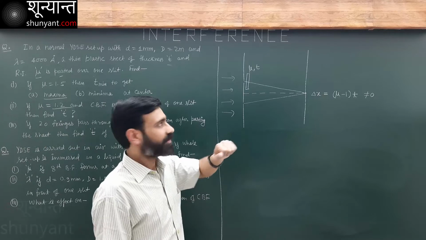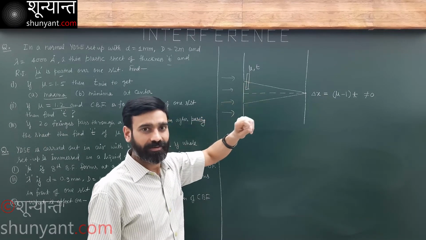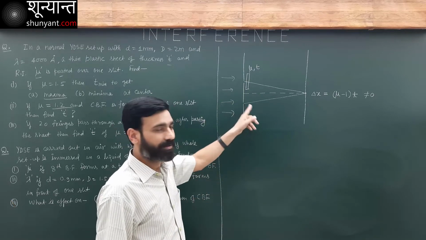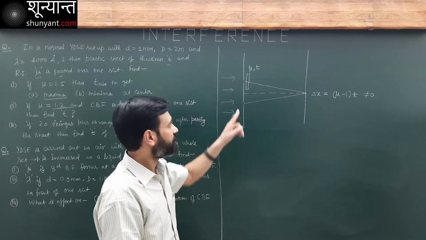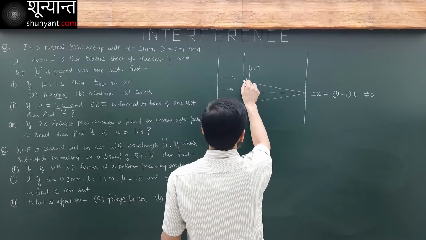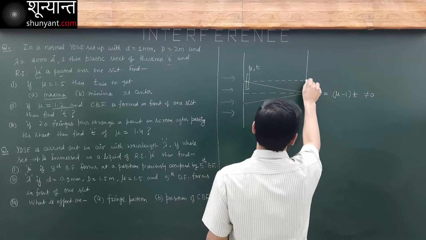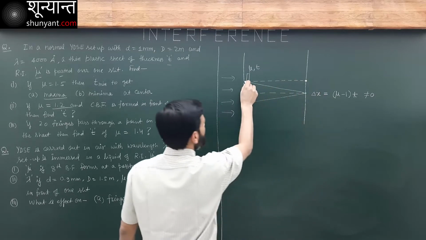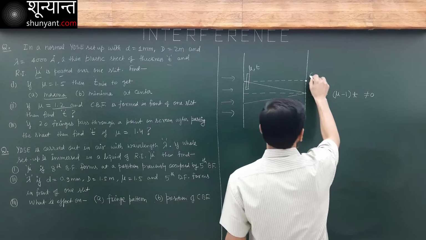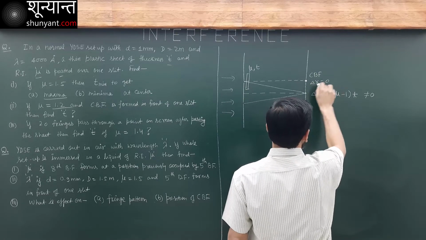If I paste a sheet here on the upper slit, then the whole thing is going to shift up. If I paste it here, the whole thing is going to shift down. So the central bright fringe will also shift. Here, at this point in front of this slit, I am getting the central bright fringe. That means delta x is 0.